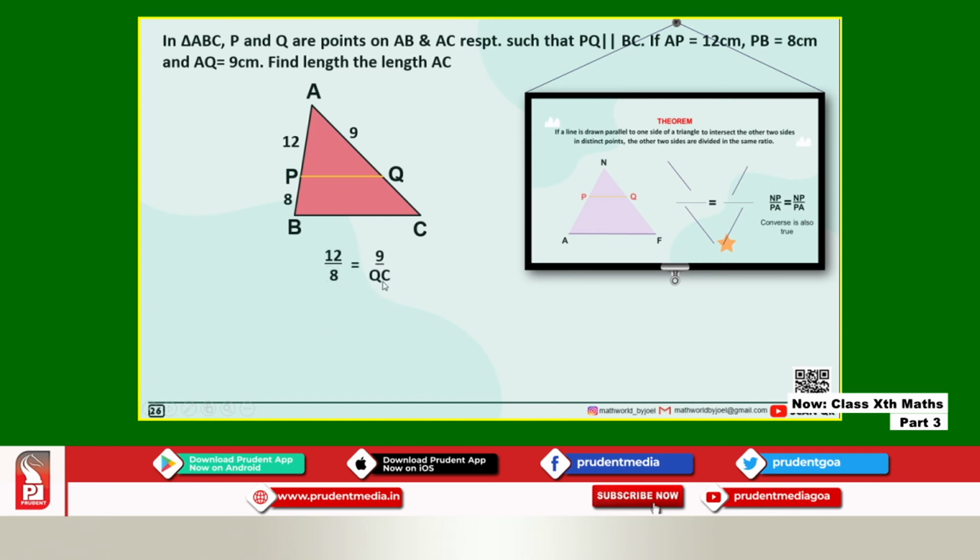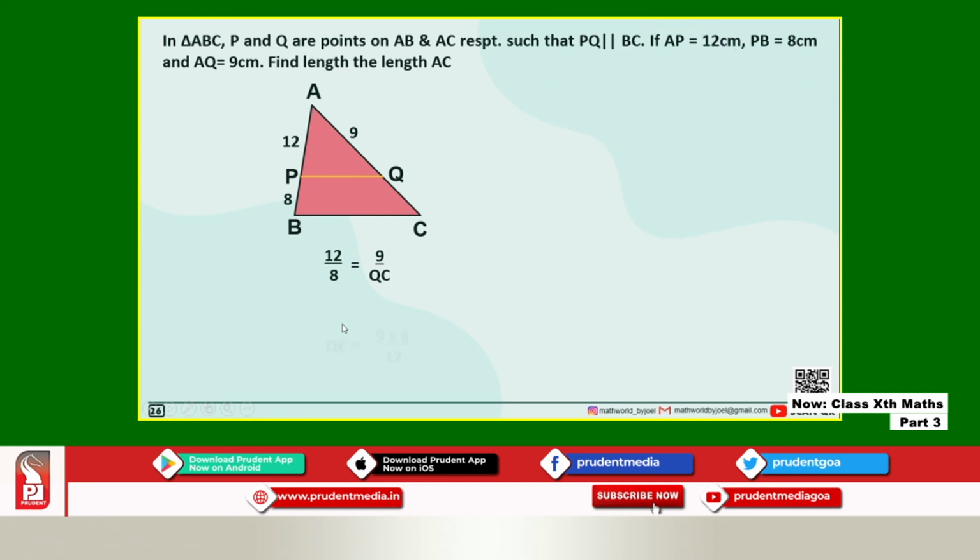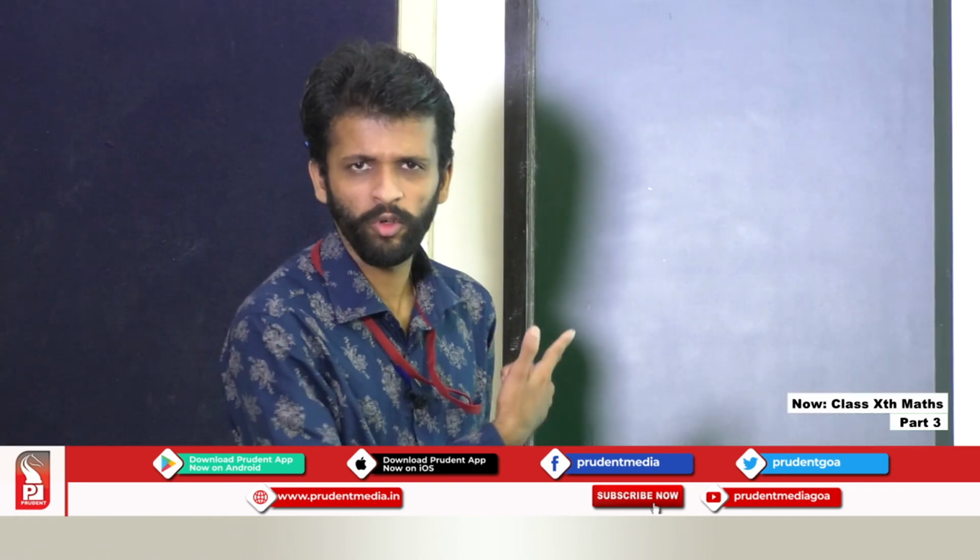Okay, so QC is in the denominator, throw it on the left hand side and take it in the numerator. So this would become something like this. 8, which is in the denominator, goes on the other side, gets multiplied and divided by 12. After calculation, you get QC is equal to 6. But wait a second, are you asked the length of QC there?